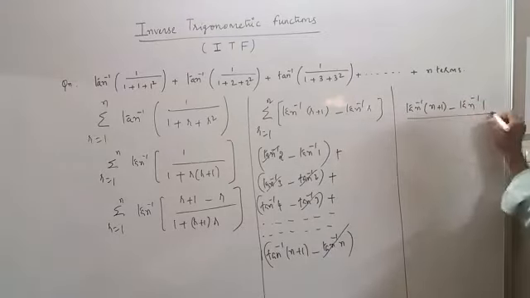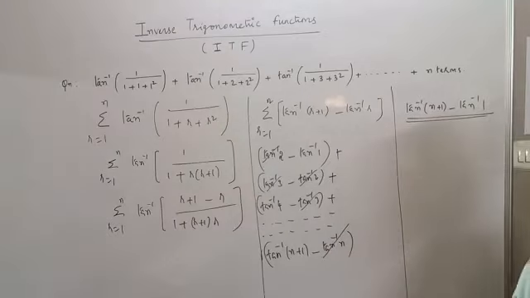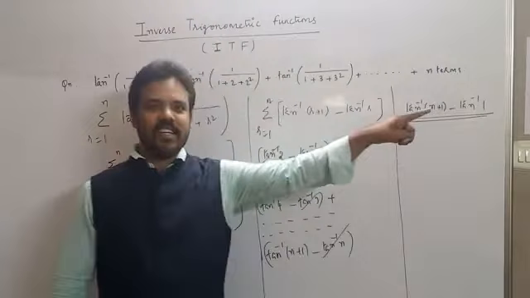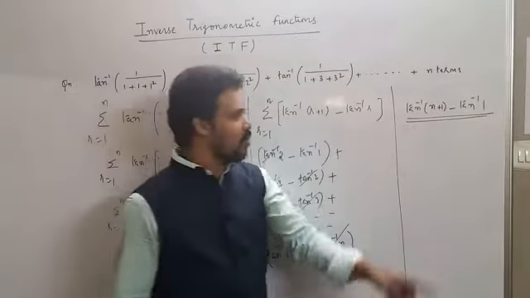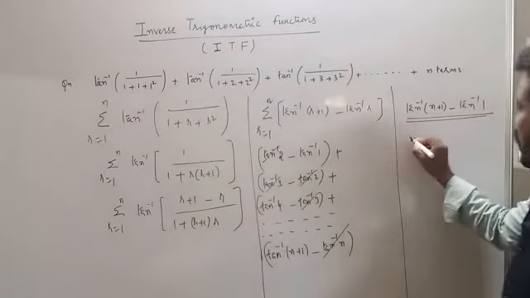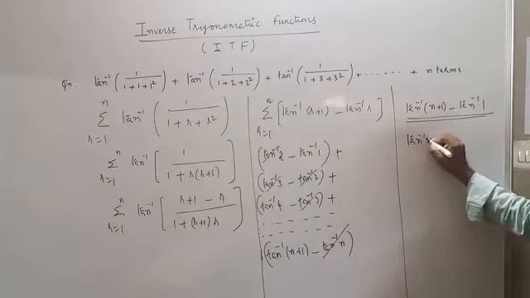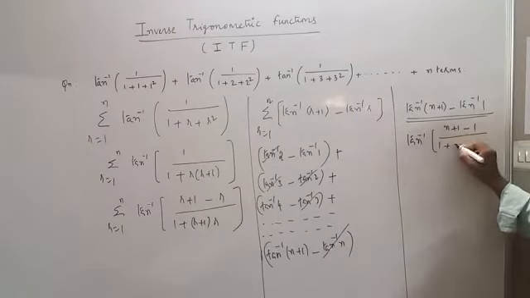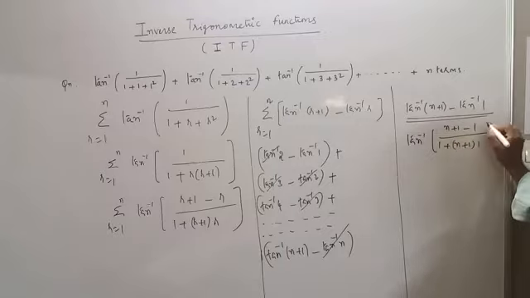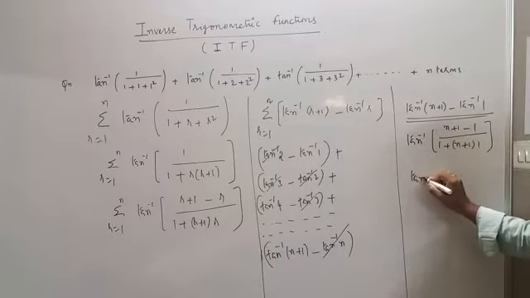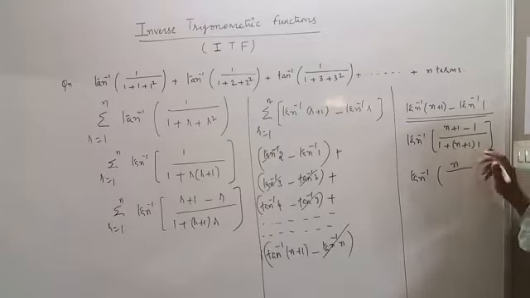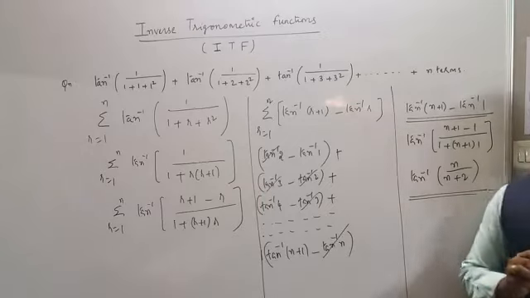Now, we can leave it like this. This is the answer. Or still we can simplify, again in the form of tan inverse A minus tan inverse B. That means tan inverse of A minus B by 1 plus A into B. The answer is tan inverse of n by 1 plus n plus 1. The answer is tan inverse of n by n plus 2.